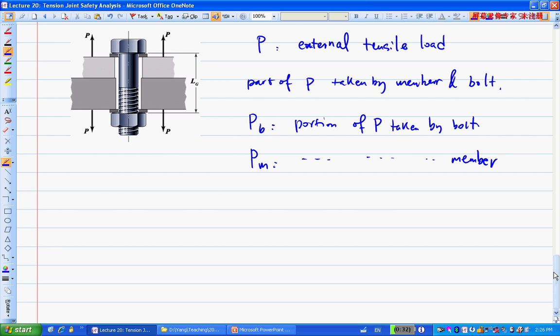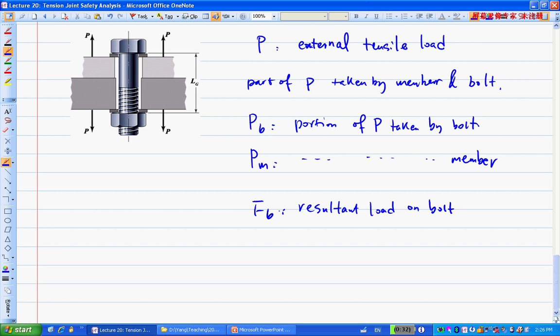So how much is the resultant load on the bolt? Let's call it FB. Initially, the bolt feels a tension force Fi.